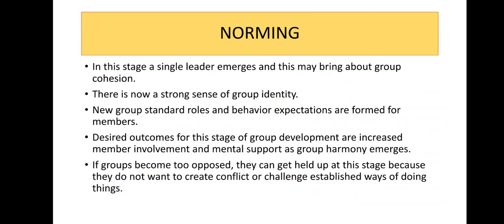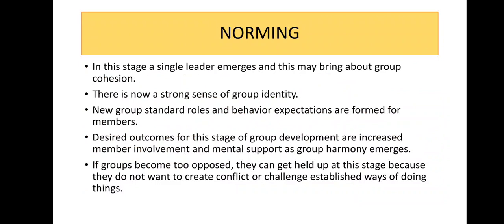The members will be thinking alike, and the members will support the norms or the standards which are kept by the leader. So all these agreements will be there, and the involvement of all the members will emerge in this group. And in many cases, mutual support will be given for the smooth running of the group.